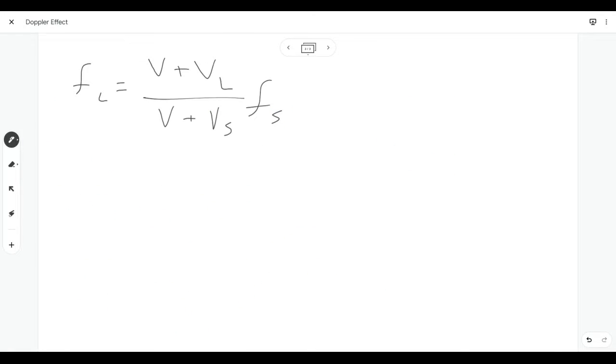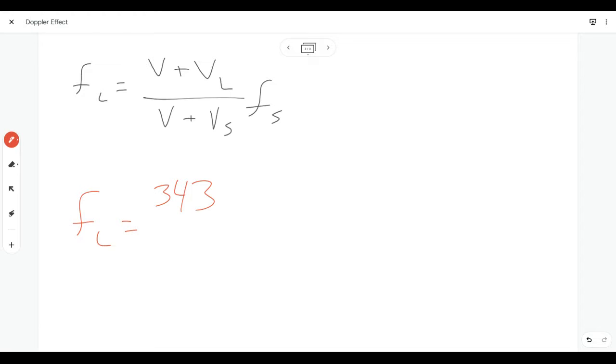All right, so here we are on the next screen. We're looking at the same equation. We're going to plug in our numbers and solve the example problem. We don't know the frequency of the listener. That's what we're trying to figure out. We always use 343 for the speed of sound, which is just the regular V by itself in this equation, unless the problem tells you otherwise.